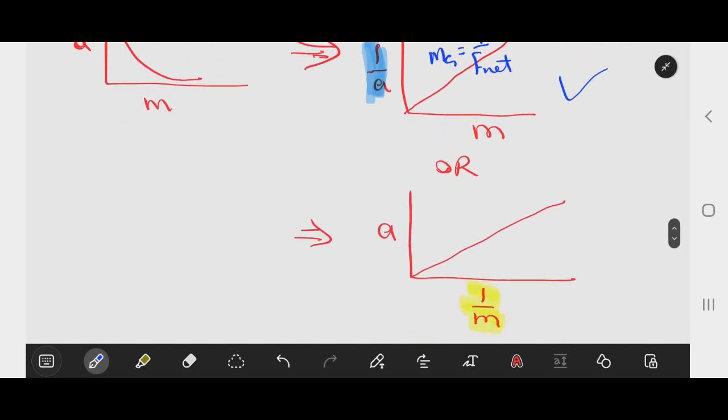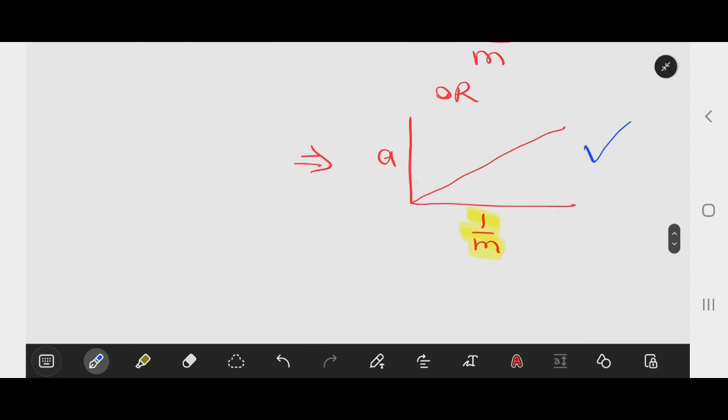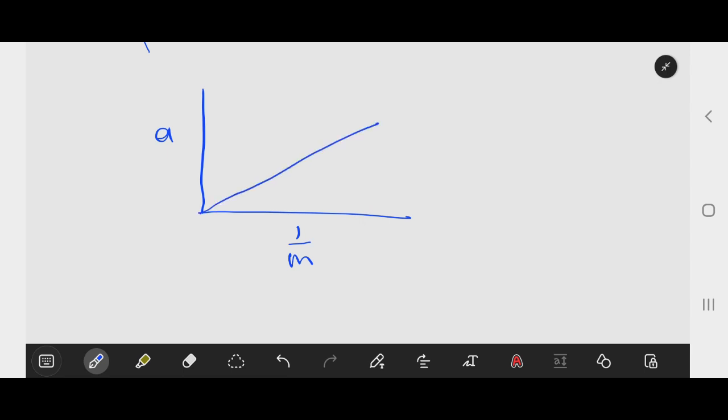So let us do the graphical analysis for the second one, whereby we have acceleration and the inverse of the mass on the x-axis. In this case, since one is an inverse, we obtain a straight line graph.